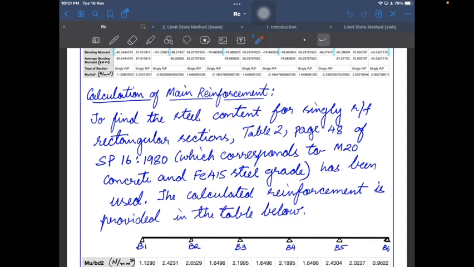Just search up the doubly reinforced table in SP16 for your corresponding grade of concrete, for me it is M20, so you will get your doubly reinforced steel. It's no big deal actually.